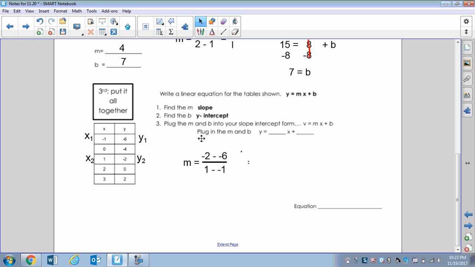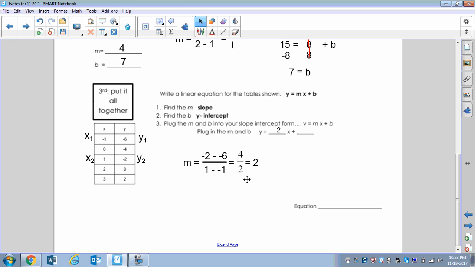So I end up putting it in as -2 minus -6 and 1 minus -1. Both of these become addition problems, and I get 4 divided by 2, or just 2. So right here in this spot, I end up with 2.